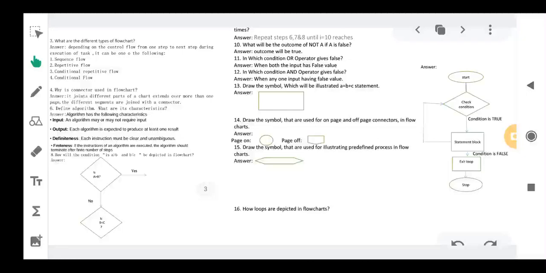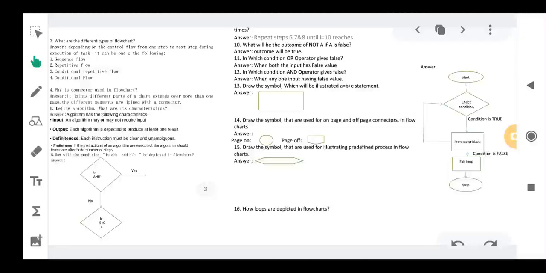Next is definiteness. Definiteness says each instruction must be clear and unambiguous. This is a very, very important part. Ambiguity means that your instruction is not clear. Unambiguous means it is clearly mentioned which steps need to be followed and after what, clearly written in English so that everyone can understand what to do after completion of step 2, step 3.